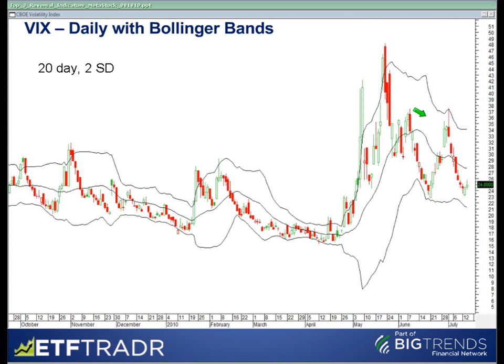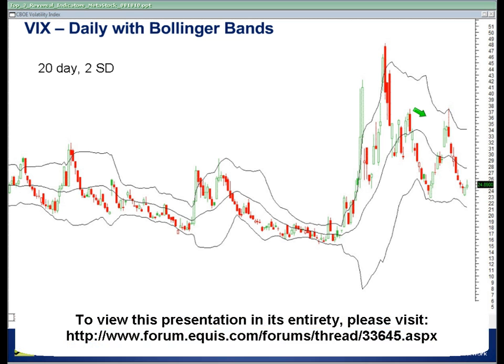What I look for to define a market top or market bottom: a market top based on volatility, based on fear extremes, would be 2 consecutive closes outside the upper Bollinger Band. It means that based on 20 days of price action, we have a relative extreme. Does this work all the time? Certainly not. And you can see that even right here, where we had 2 consecutive closes outside the upper band, what would we be looking to do at that point?